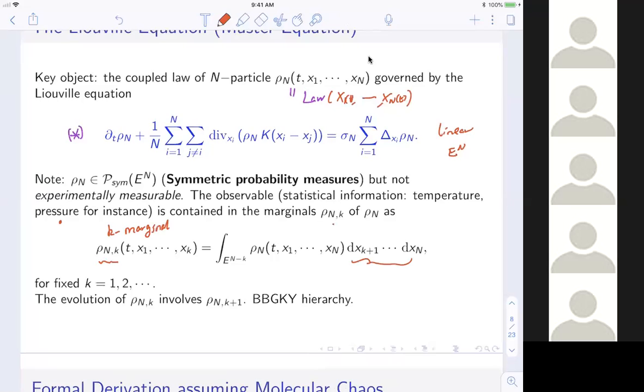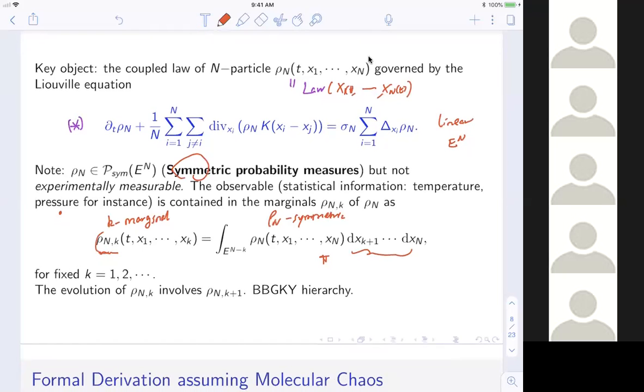Since the particles are indistinguishable, ρn is symmetric. If you change the indices, it doesn't change ρn; it is invariant under the symmetric group. So ρn,k is also symmetric. Those ρn,k are the physically relevant quantities. If you want to compute temperature or pressure, for instance, you need them.